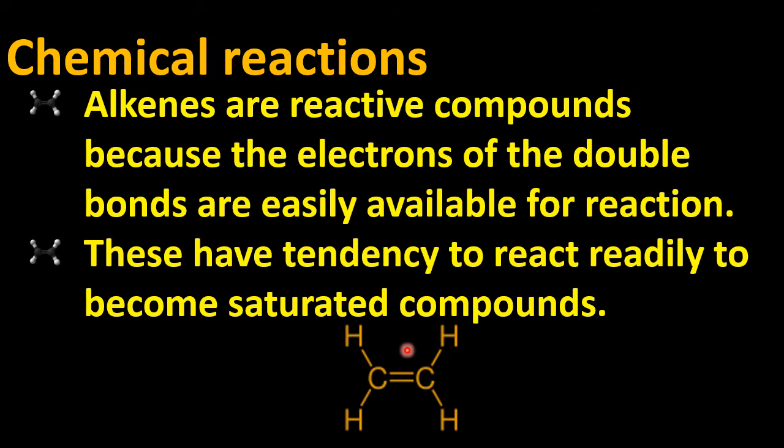Now here, this is ethene, and this double bond represents a sigma and a pi bond. The lower one is the sigma bond, and in the upper one we have the pi bond. Sigma bond is stronger as compared to pi bond. But why?